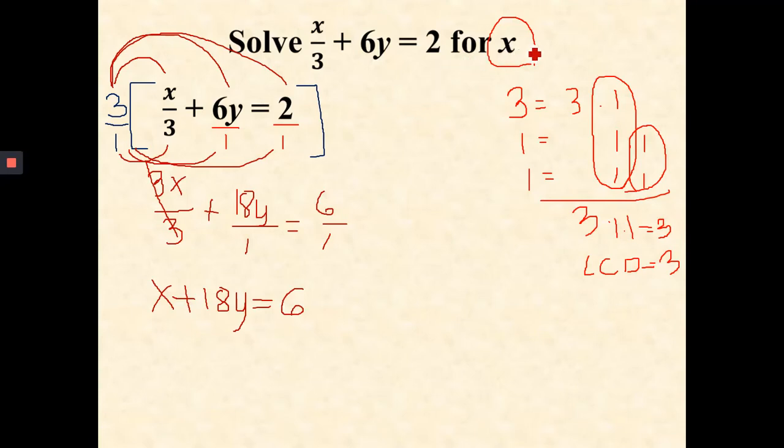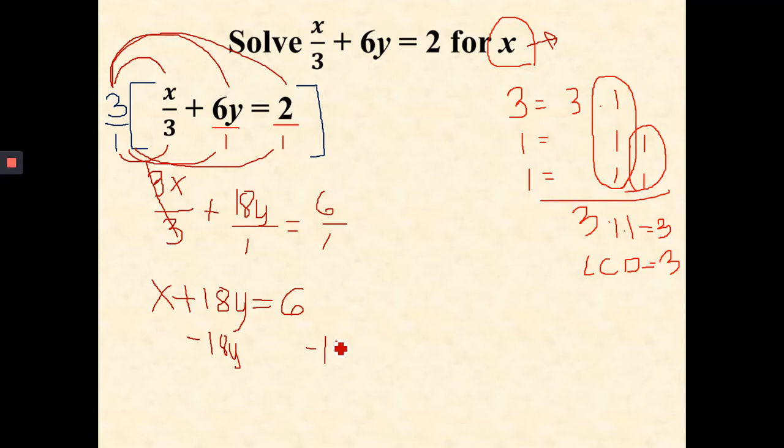Going back, we are solving for x, meaning to say we're going to isolate x. And x is on the left side of the equation. Therefore, we're going to get rid of this positive 18y. So we need to get the opposite of 18y, and that is negative 18y.